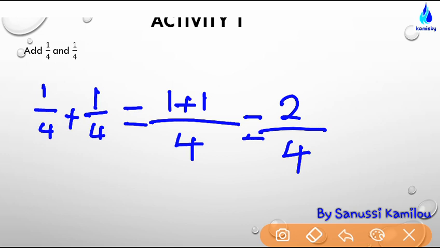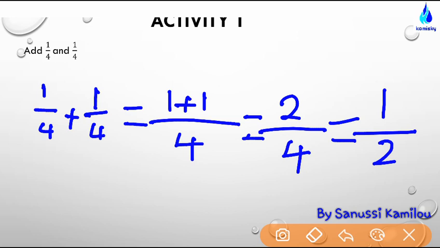So if I divide the top by 2 and divide the bottom also by 2, I will get 1 over 2. That will be our final answer. So meaning 1 over 4 plus 1 over 4 will give us 1 over 2, which means half, or 1 out of 2.